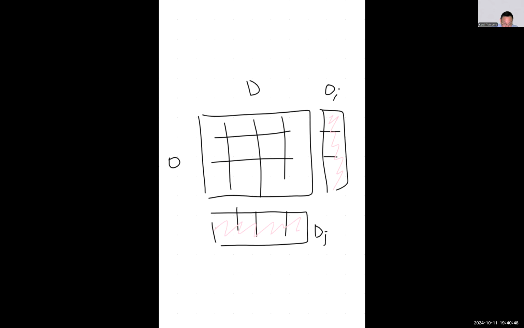Okay, so this is zone 1, this is zone 2, and so on, up to zone n, right? And for example, this is zone 1, zone 2, until zone m.